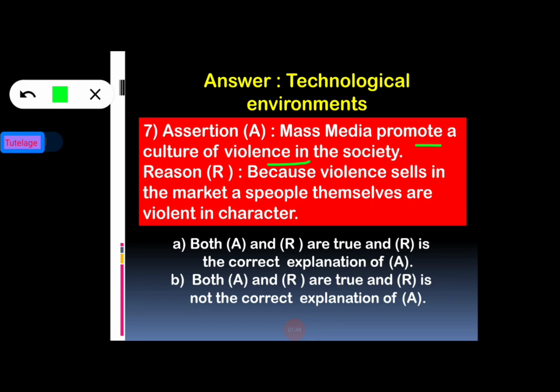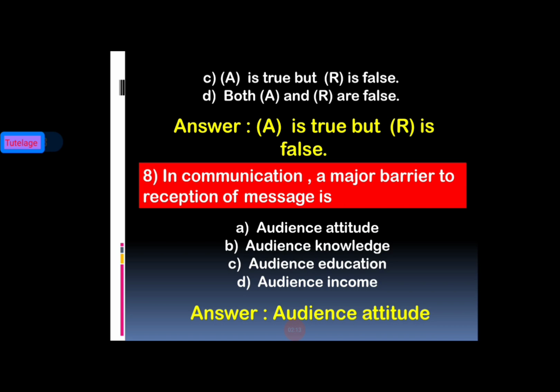So that's why option number C is the correct answer. Assertion is true but reason is false. Mass media obviously promote a culture of violence, but not because violence sells in the market, because people are violent in character. That is wrong. So option number C is the correct answer.